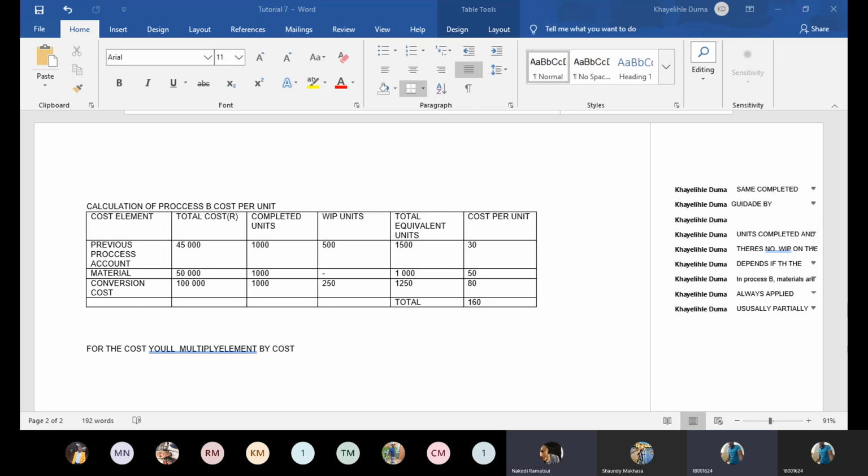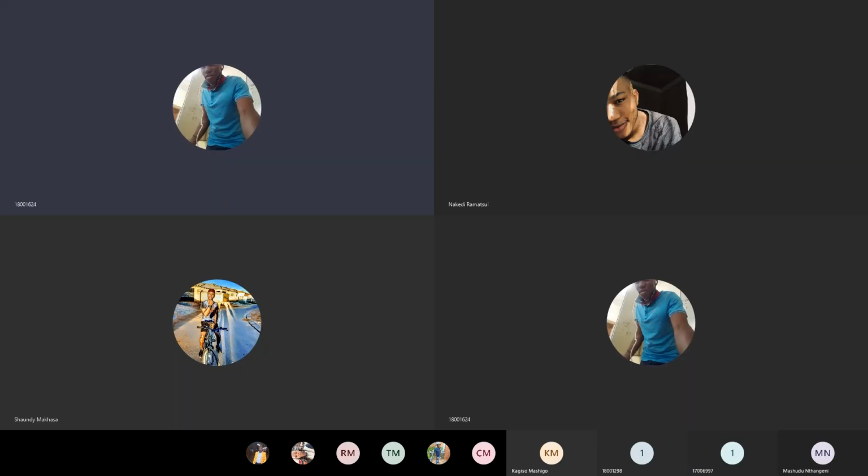You cannot say the watch that is spinning to the right costs the same price as the watch that is spinning to the left, or the watch that shows numbers costs the same as the watch that shows the sticks. So that's the difference. Process costing, you just cook it in one place, you put everything there, and everything will be the same.